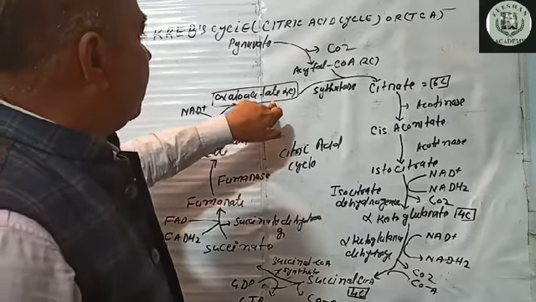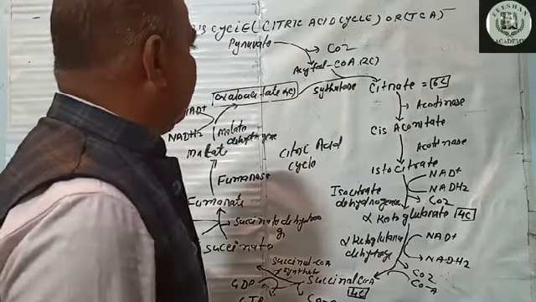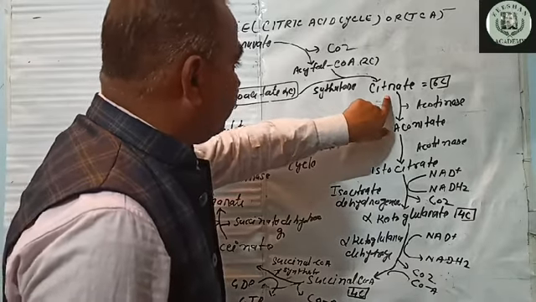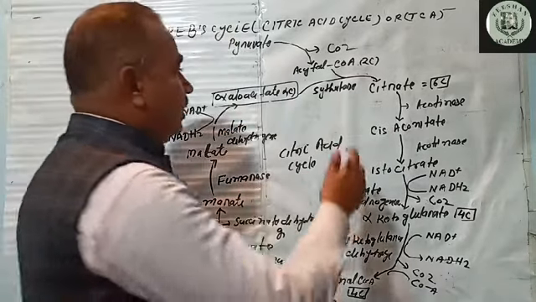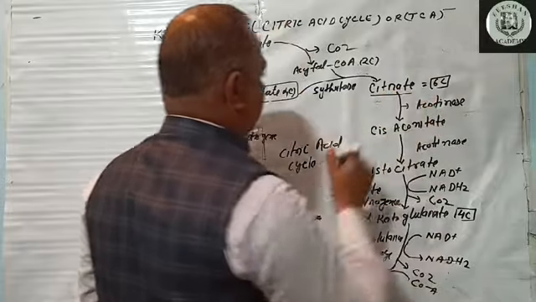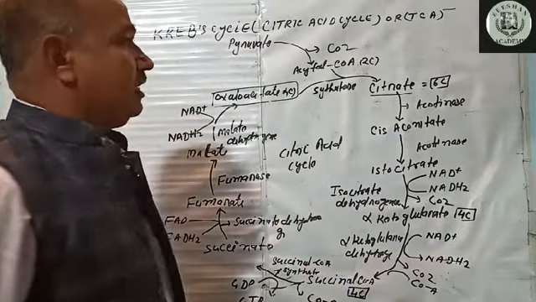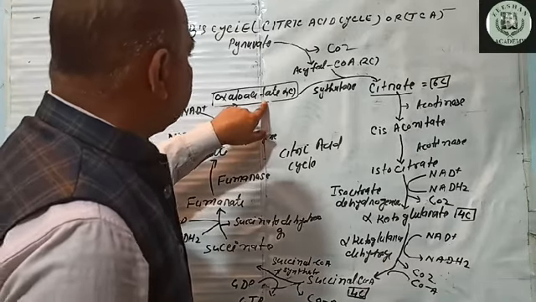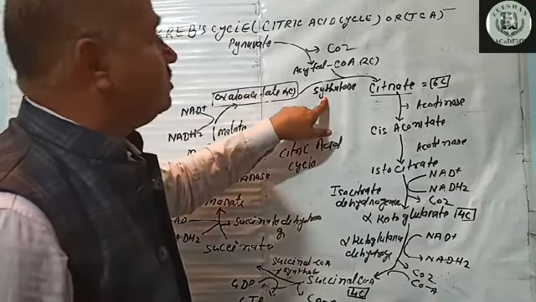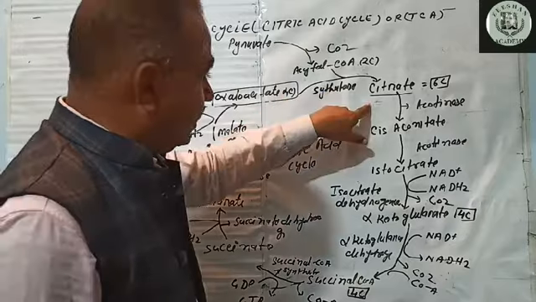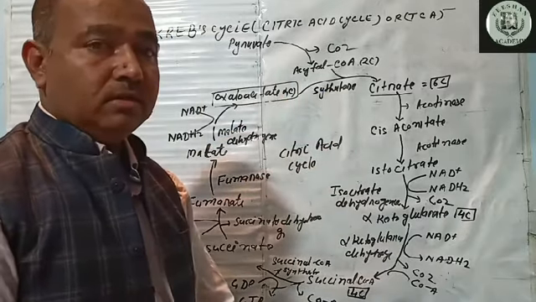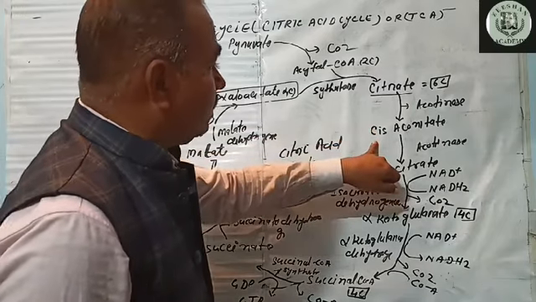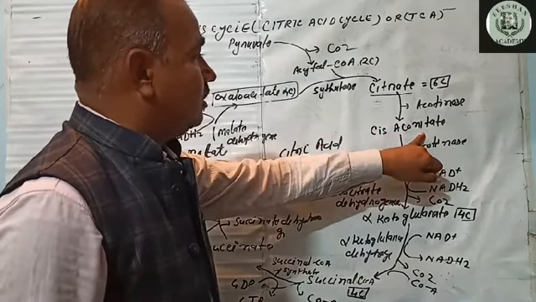These react with acetyl CoA to form the first product of the citric acid cycle. This is citrate. This step is catalyzed by an enzyme called oxaloacetate synthetase enzyme.